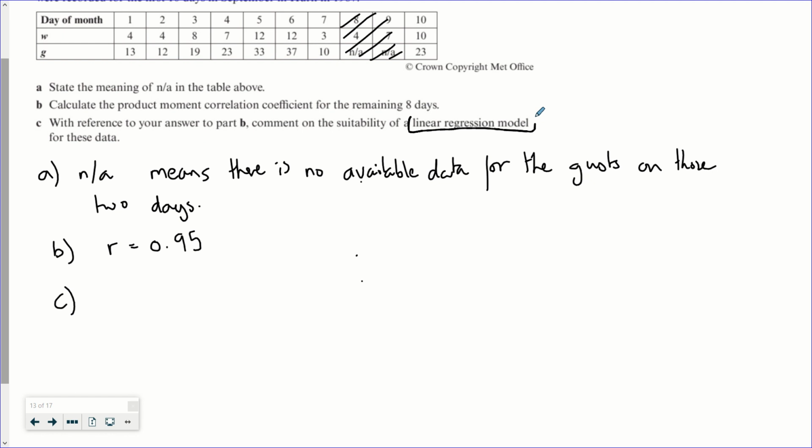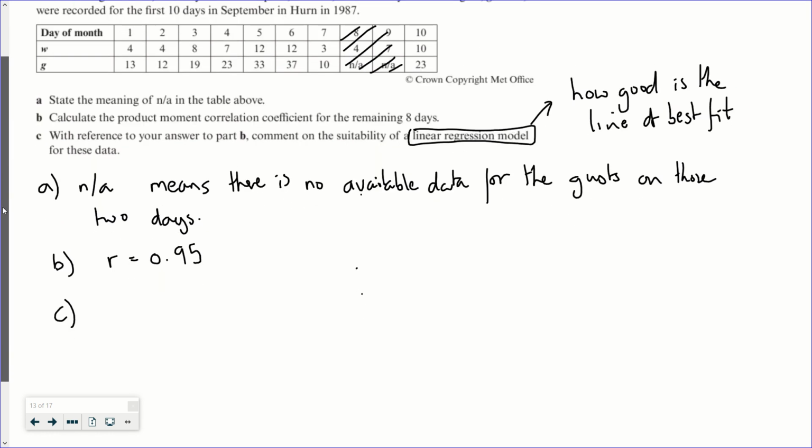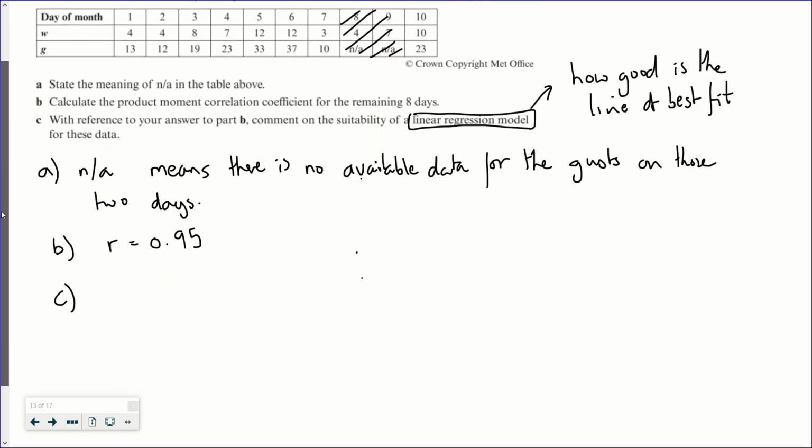So linear regression model basically says, how good is the line of best fit? Or another way of thinking about that is, how good is the correlation? How well correlated is this data in a line?